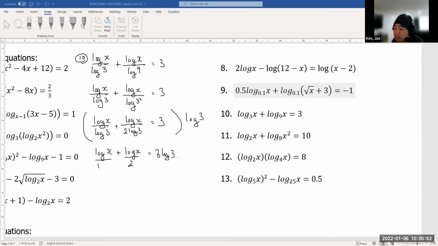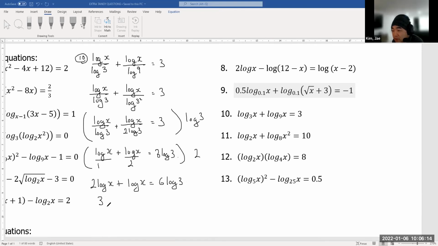I don't like the denominator here, for example. I can multiply all portions by a 2, all terms by a 2. This becomes 2 log x plus log x equals 6 log 3. Add that together.